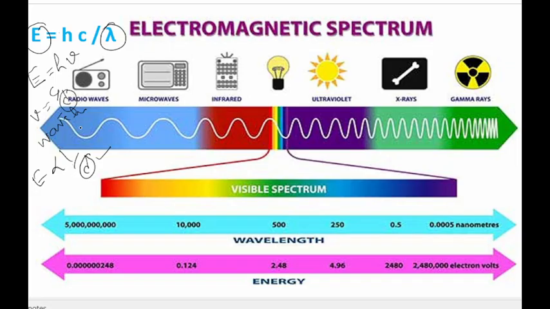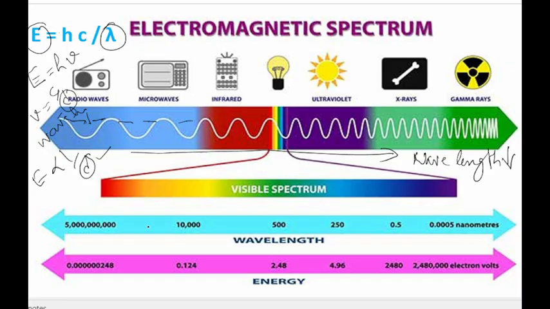As you can see in this picture of the spectrum, here the wavelength is more, and here the wavelength is less. Like this, the wavelength is decreasing in this direction, a decreasing trend.